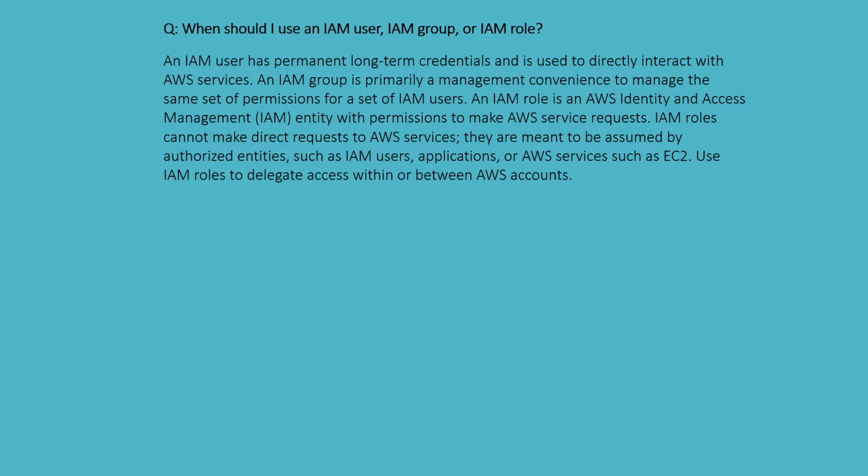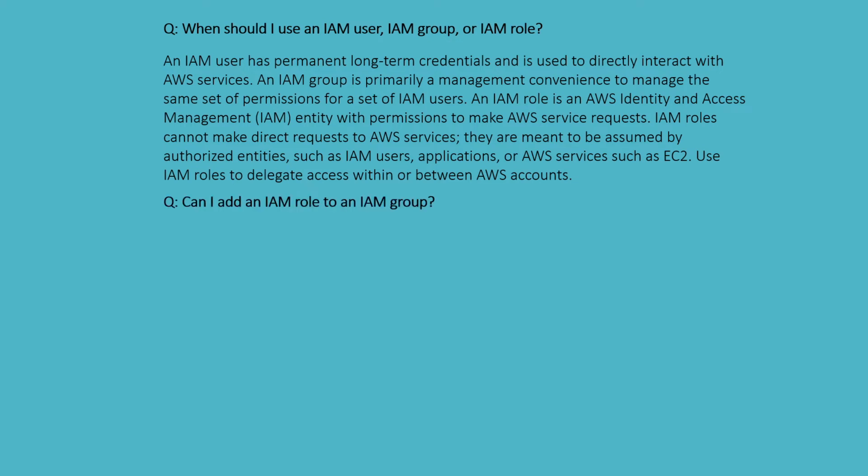They are meant to be assumed by authorized entities such as IAM users, applications, and AWS services such as EC2, and to use IAM roles to delegate access between AWS accounts.